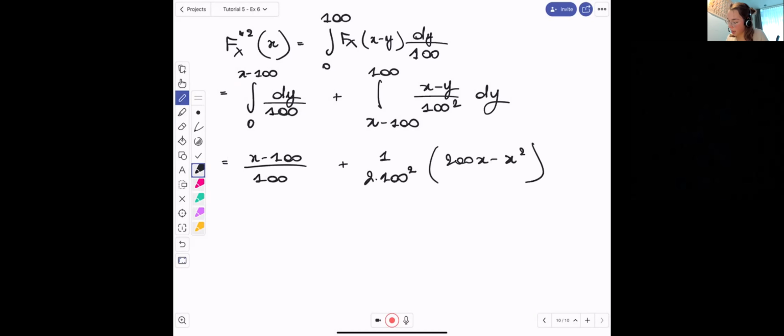If you want to write this a bit more compactly, this is equal to 1 minus (200 minus x) to the power 2 divided by 20,000. So this is our expression for the twofold convolution CDF, in case we want to evaluate it in x, where x takes values in between 100 and 200.